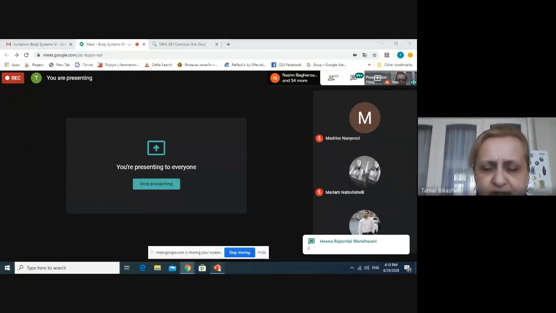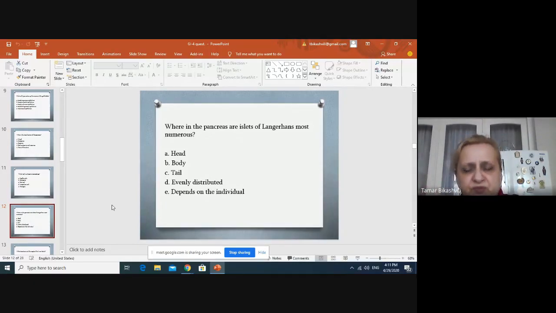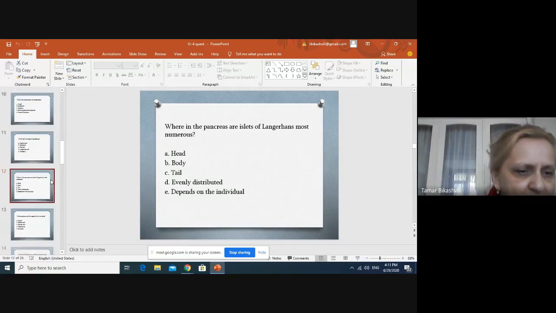C. Yes, it's correct. In the tail region, the islets of endocrine cells are most numerous.